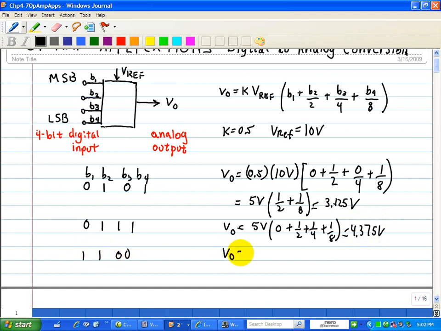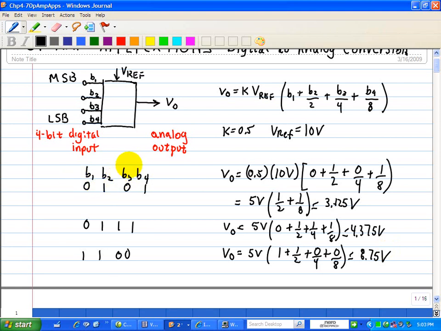So VO is equal to 5 volts times 1 plus 1/2 plus 0 over 4 plus 0 over 8. And that should yield a higher voltage. And in this case, we have 8.75 volts. So that's how we implement this conversion from a digital input to an analog output.